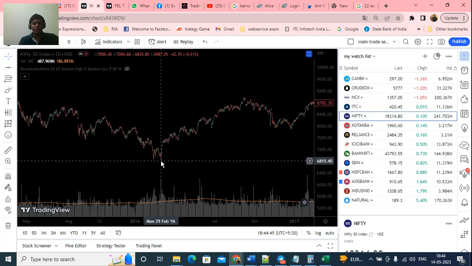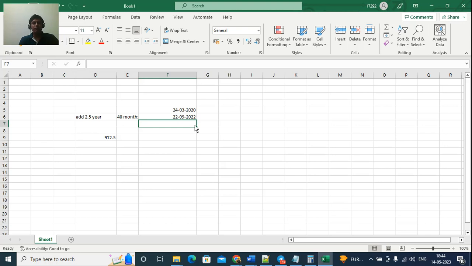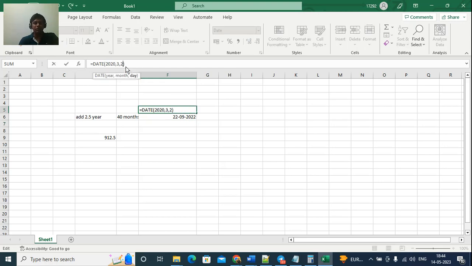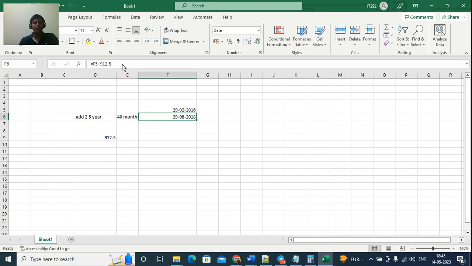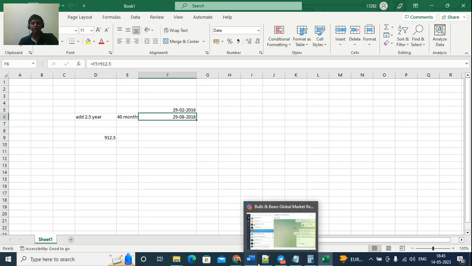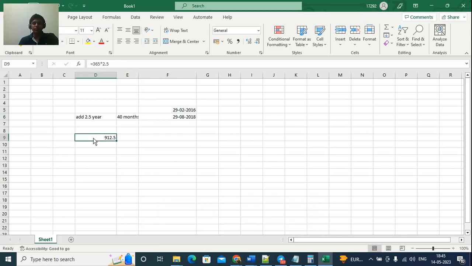This is the date of 29 Feb 2016. Now we have to add 5 years. For adding the 5 years, we have to calculate 365 multiplied by 5.